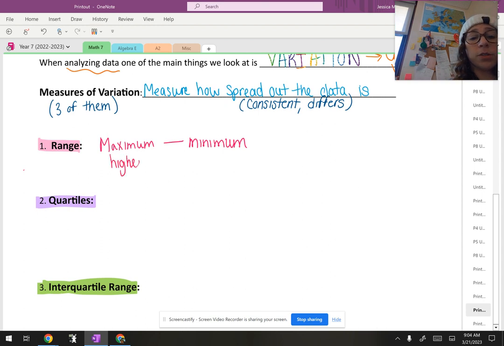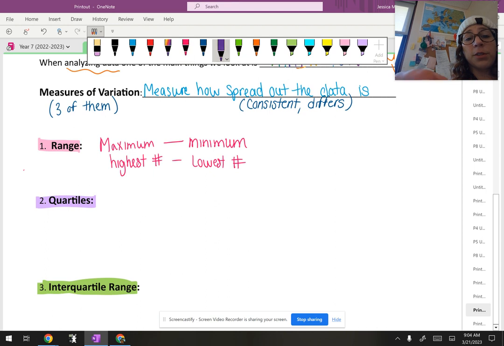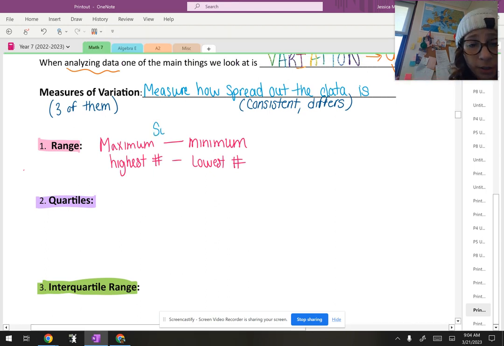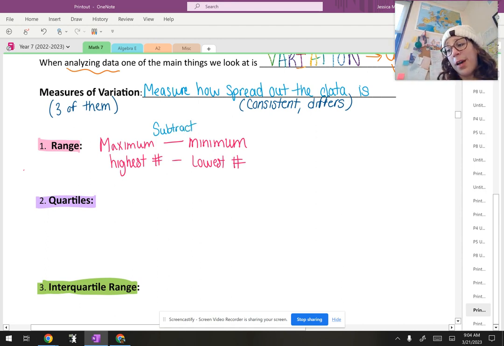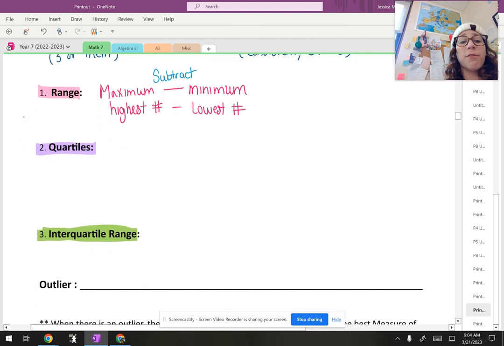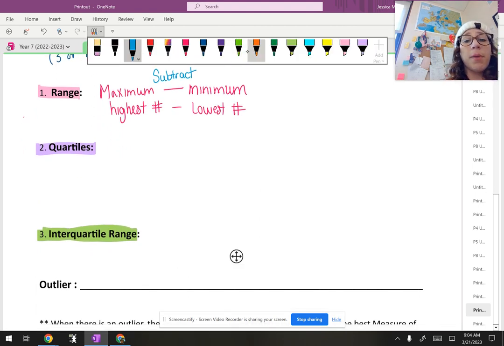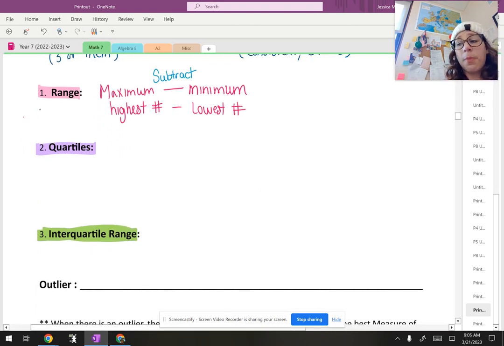So, in layman's terms, that is the highest number minus your lowest number. And just in case, for our humans that don't have the best handwriting out there, we're going to actually write that word subtract so you know that that's what's going on there. So that's how you find range. The highest number minus the lowest number.